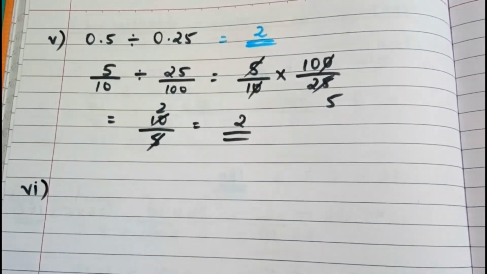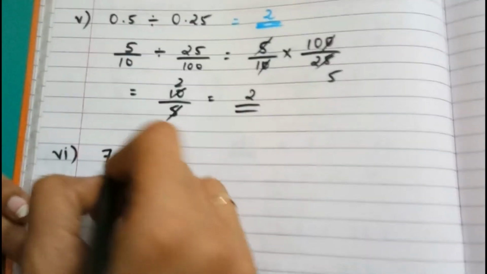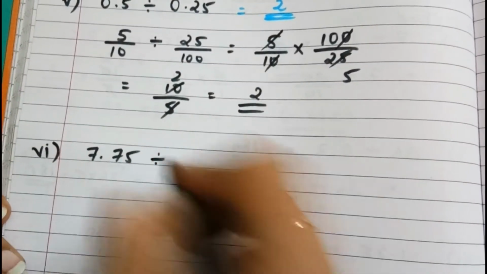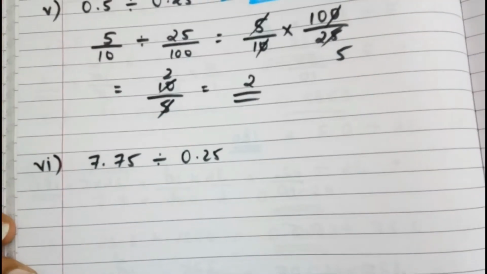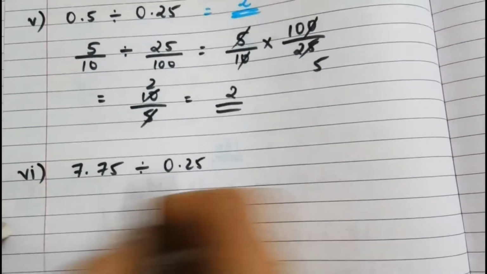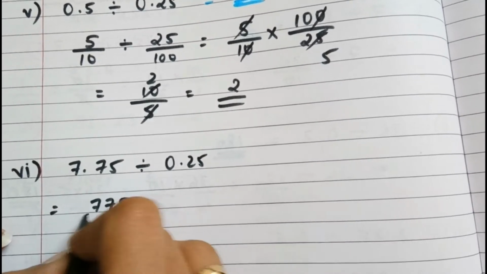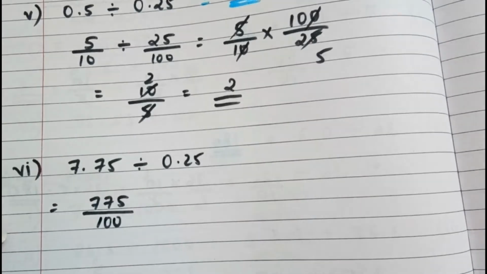Now moving towards next question. Question number 6. That is 7.75 divided by 0.25. Okay, this can be written as 775 by, 2 numbers, so what will come? 100.